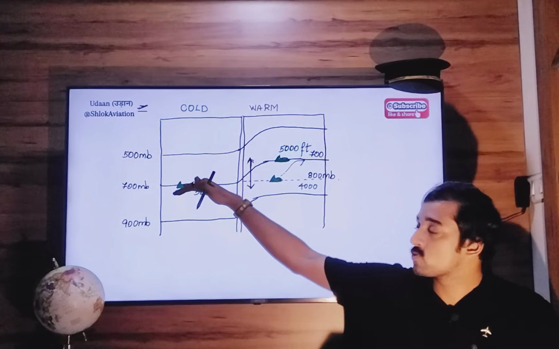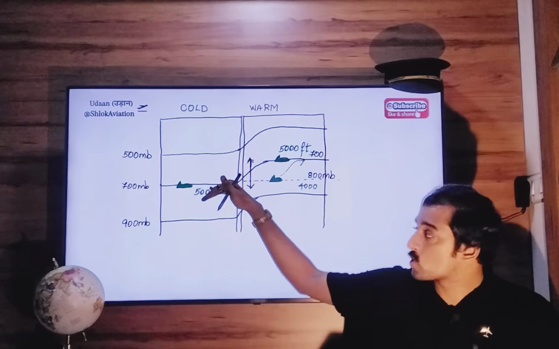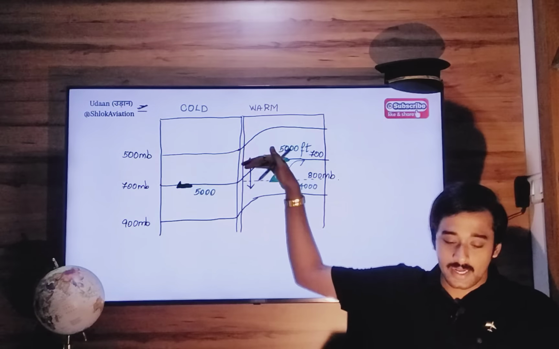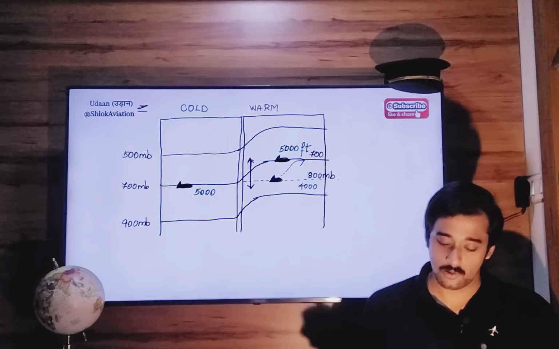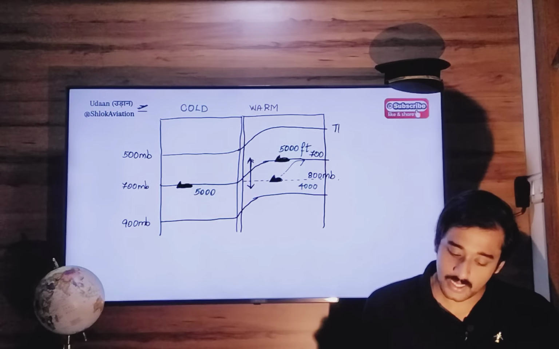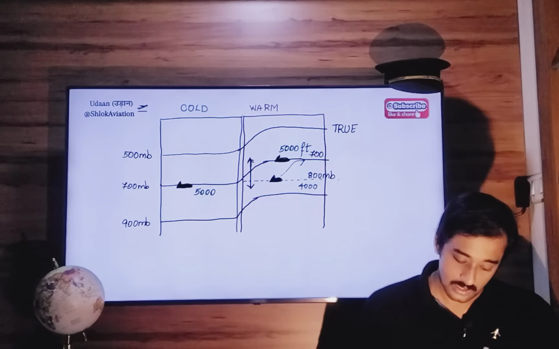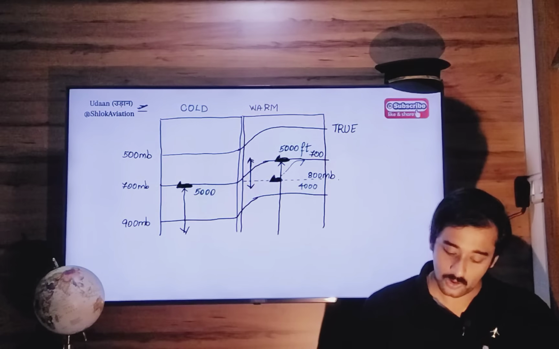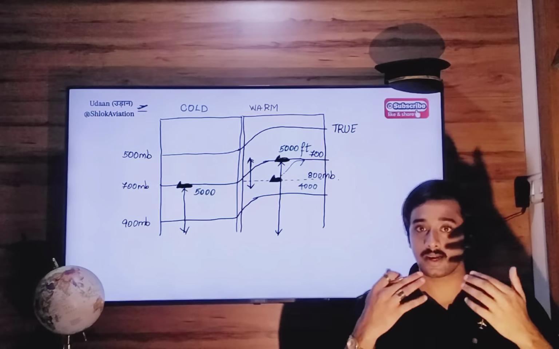In cold air mass, you were here. In warm air mass, automatically you have gone to a higher altitude. So true altitude, the actual altitude between you and the ground below or the mean sea level below, has increased.